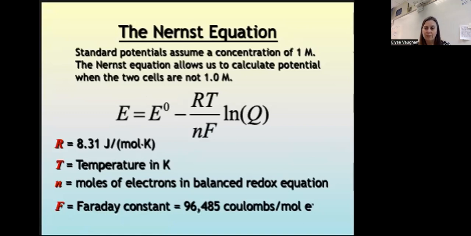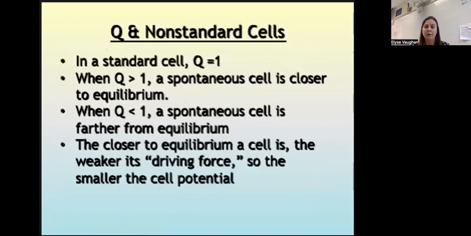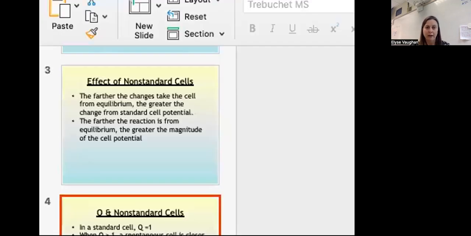So when you're asked to justify whether cell potential increases or decreases, you can use a qualitative Nernst equation argument, or you can talk about when Q is greater than 1, it's closer to equilibrium and the driving force is weaker, or when it's less than 1, it's farther from equilibrium and the driving force is stronger, creating a higher cell potential.